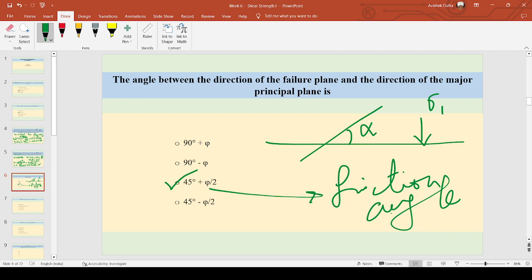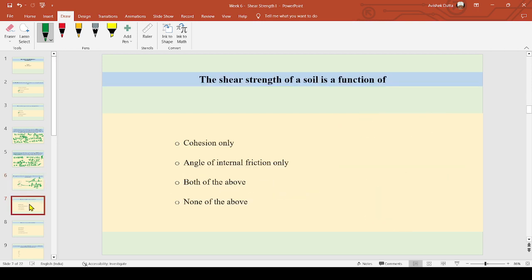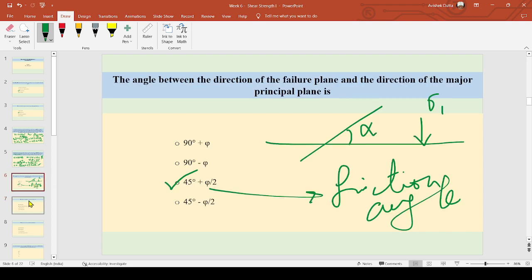So the failure plane makes an angle of 45 plus phi by 2 with the direction of the major principal plane. I hope it is clear. Go to the next question.